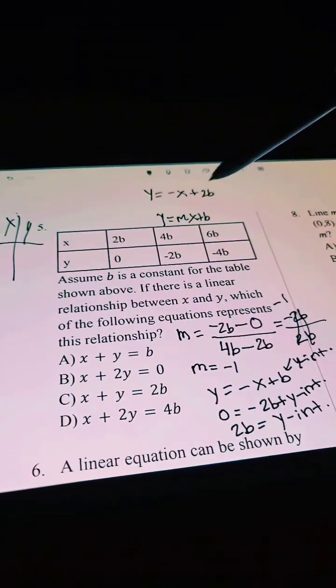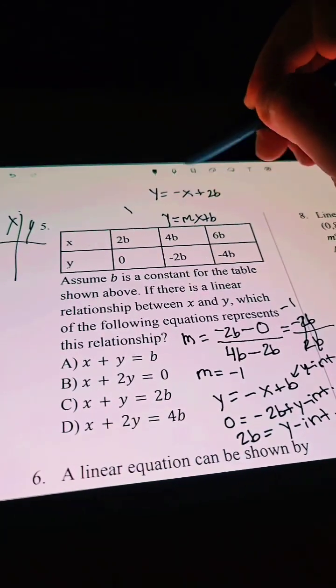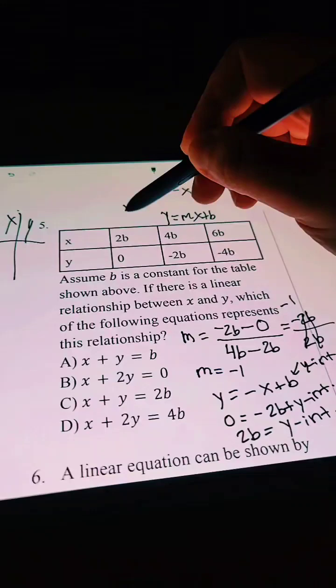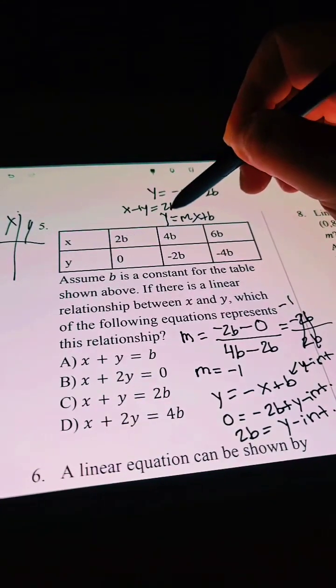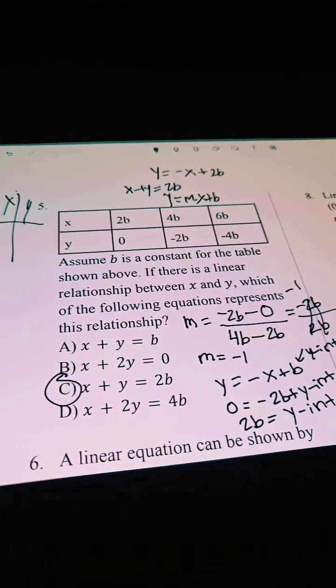Then I just need to get my x and y on the same side. So I'm going to add x to each side, and then it's x plus y is equal to 2b. So the answer would be C for this one.